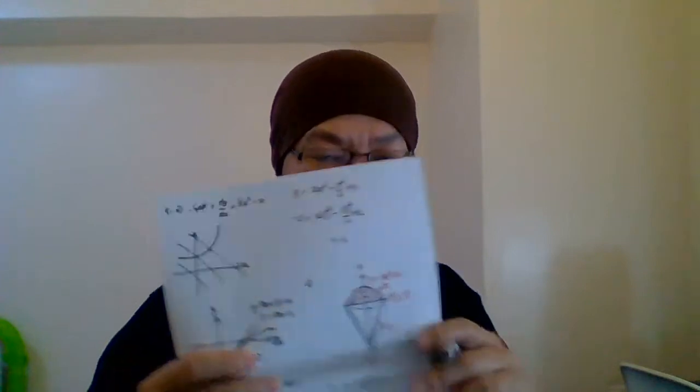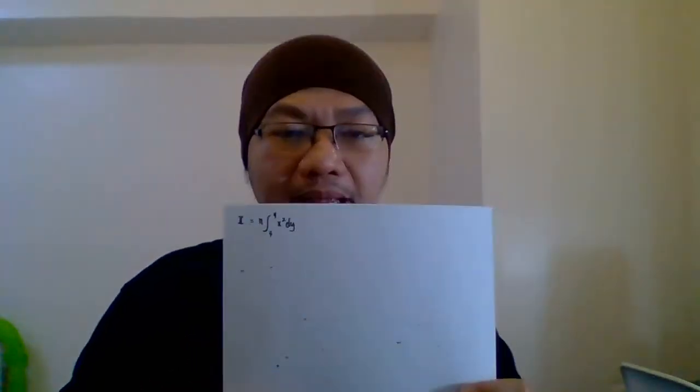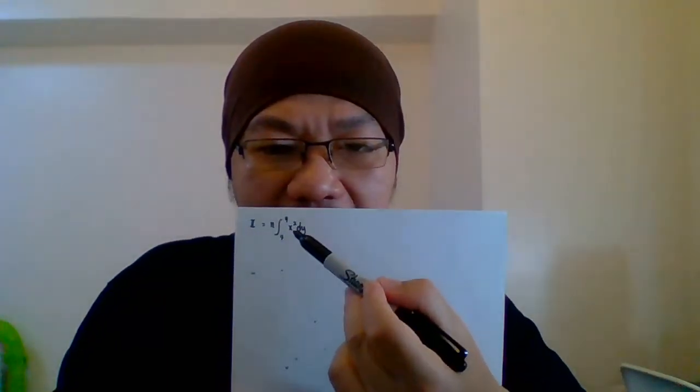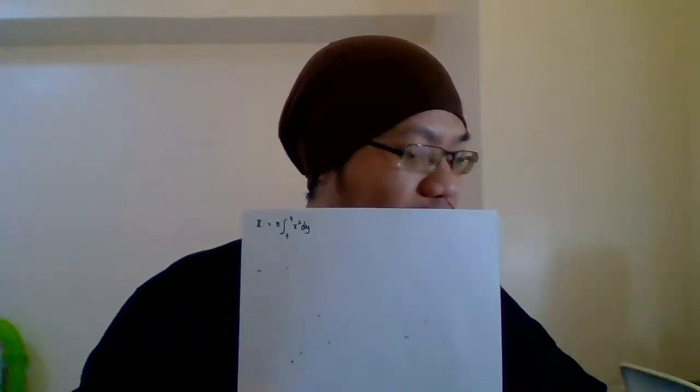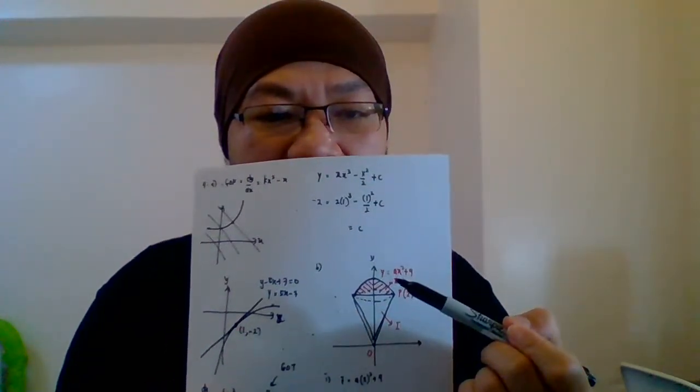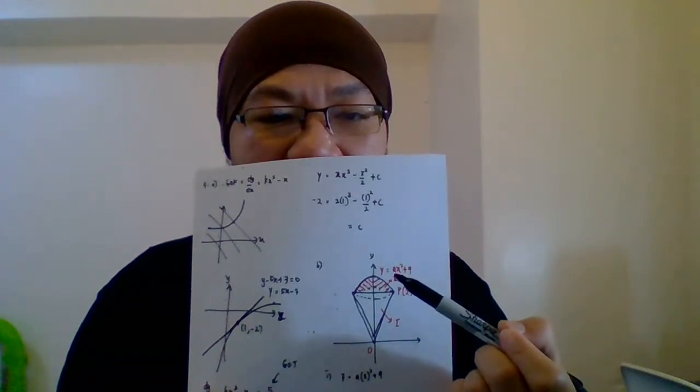So, pi integrate from 7 to 9 of x squared dy. Okay. That's your second region. So, your curve equation here is y equals to ax squared plus 9, right? Now we already know the a value, so update.